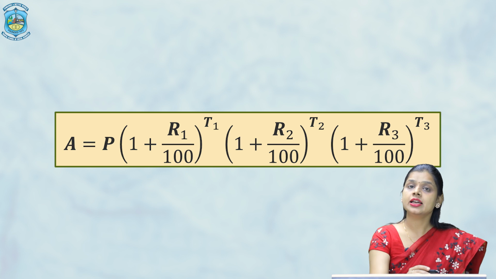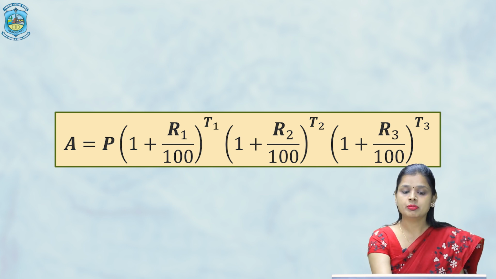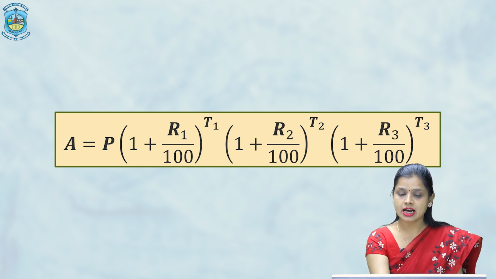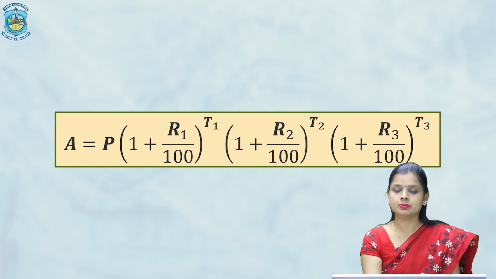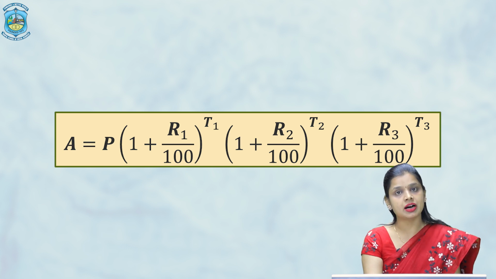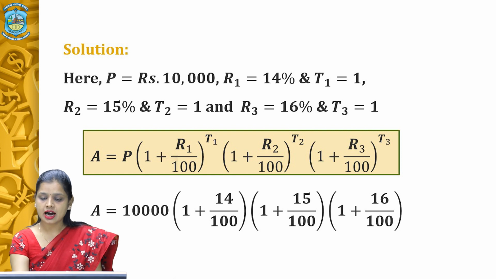Now, we may apply the formula amount A equal to P multiplied with 1 plus R1 by 100 to the power T1 multiplied with 1 plus R2 by 100 to the power T2 and multiplied with 1 plus R3 by 100 to the power T3.